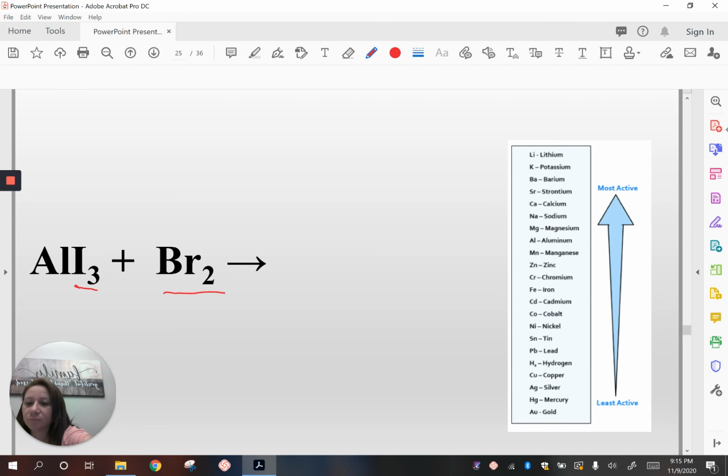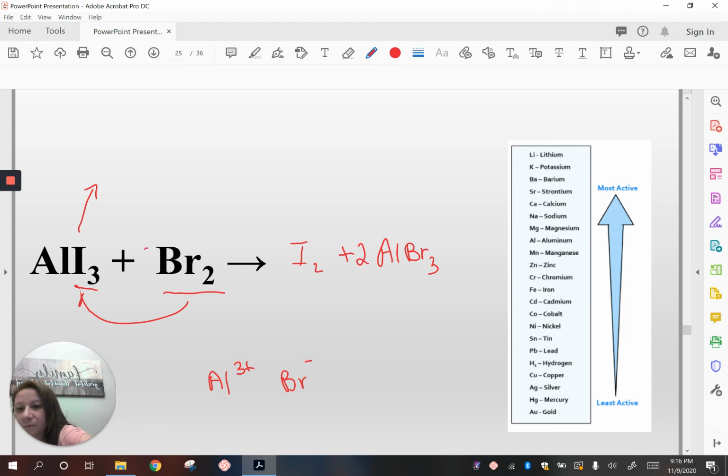So bromine will kick out the iodine. Then you're going to form a compound between aluminum and bromide. So AlBr3. And then to balance it, you need 2 here, 3 there, 2 here, and 3 there.